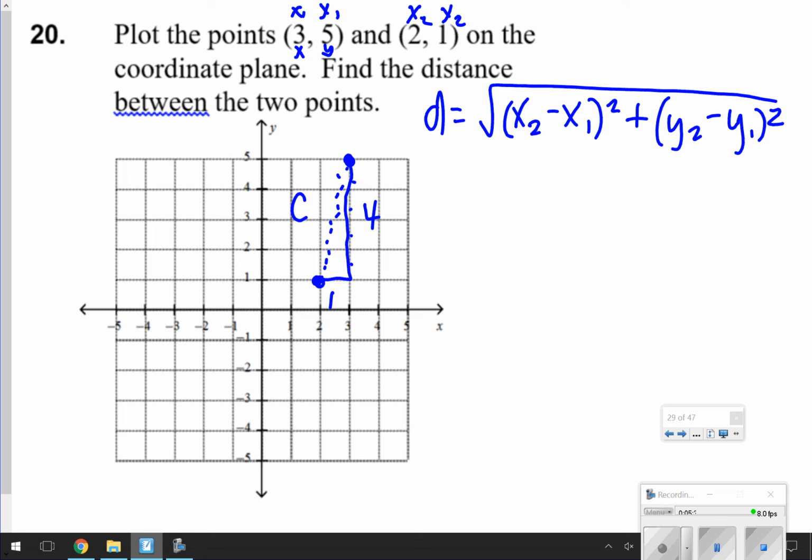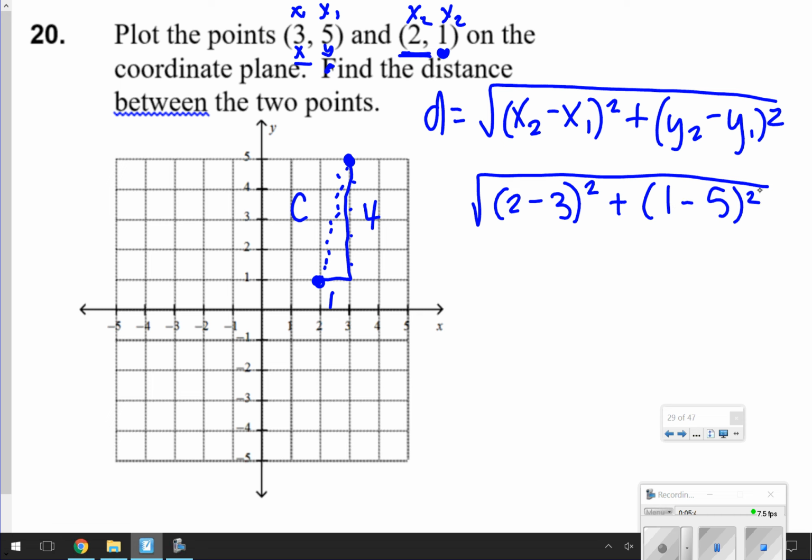I'm going to fill in these numbers. x2 minus x1, that would be 2 minus 3, squared, plus y2, 1, minus y1, 5, 1 minus 5 squared. 2 minus 3 is negative 1. 1 minus 5 is negative 4.